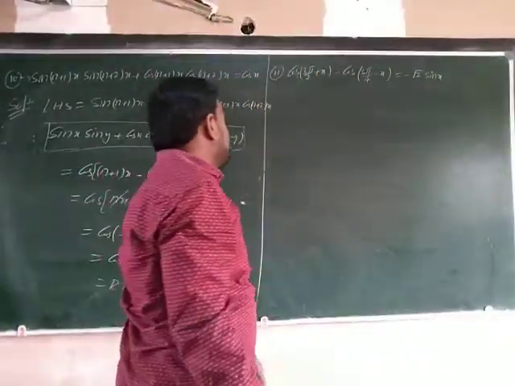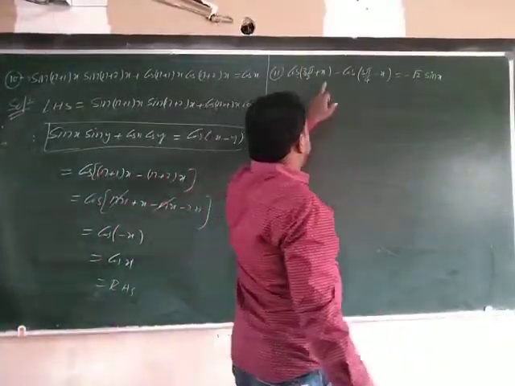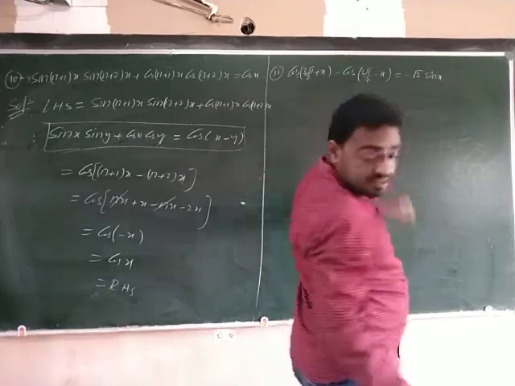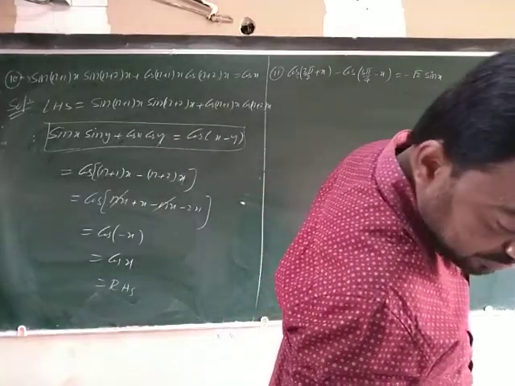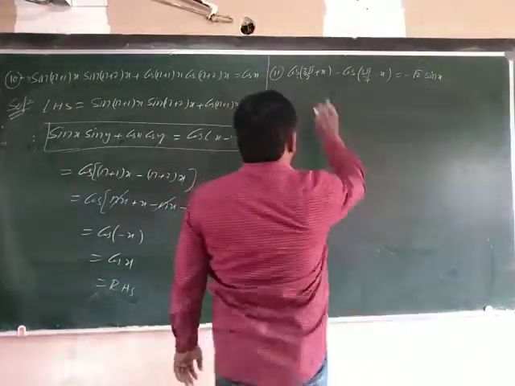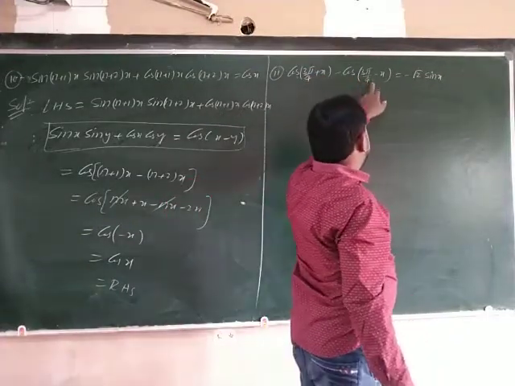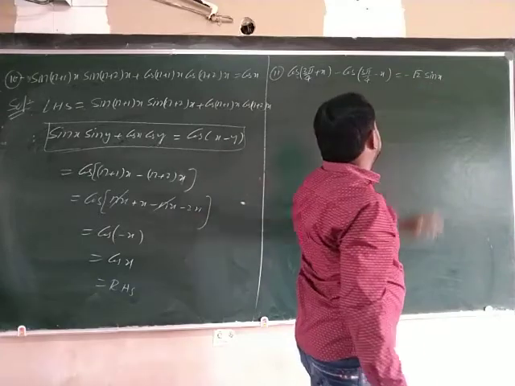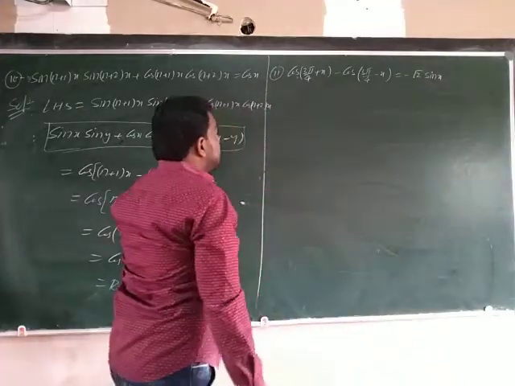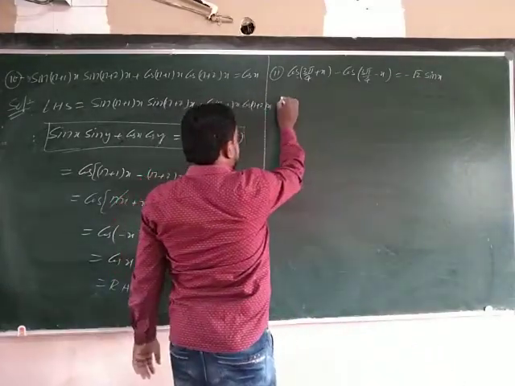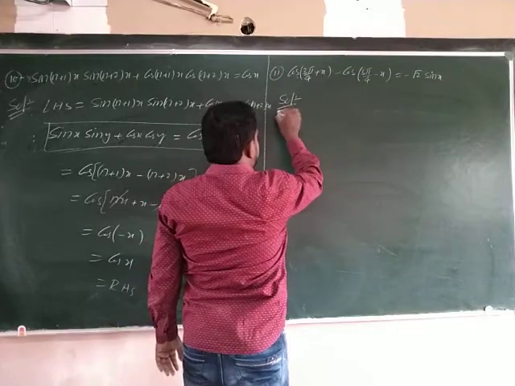Next, the 11th one. Cos 3 pi by 4 plus x minus cos 3 pi by 4 minus x is equal to minus root 2 sin x. See, answer. Solution: take LHS.